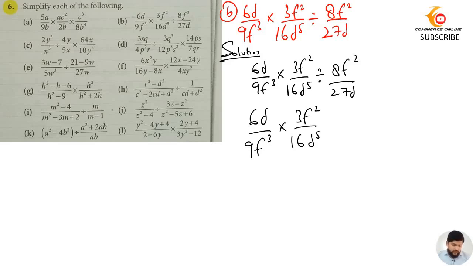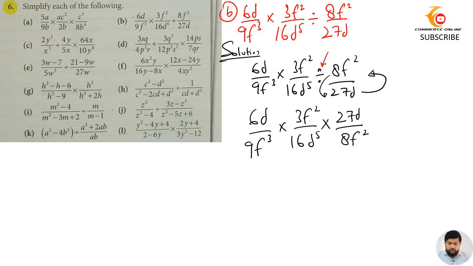Now when I convert this divide into multiply, this denominator will come in the place of numerator. This is going to be 27d, and this value will come as denominator, that will be 8f square. And why has this happened?